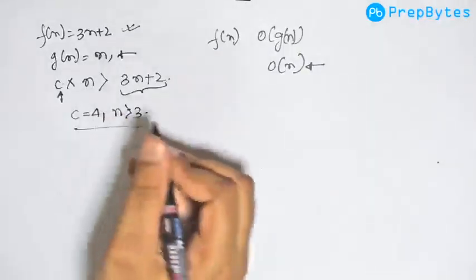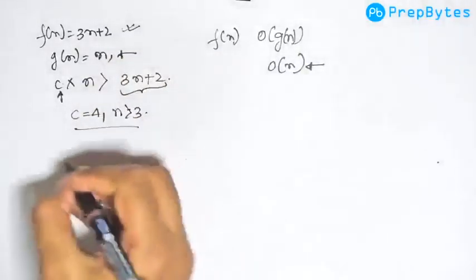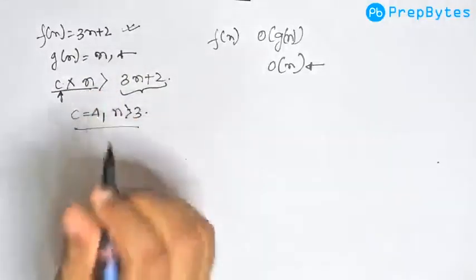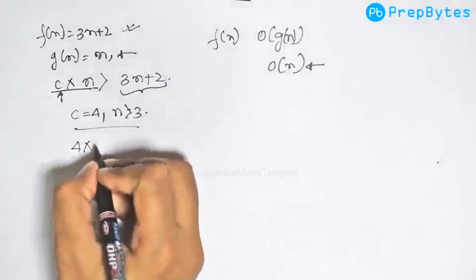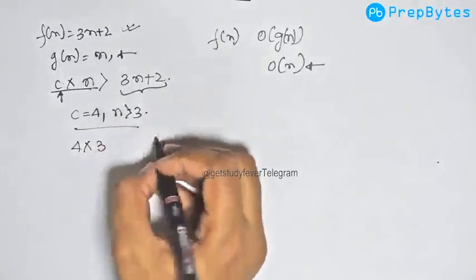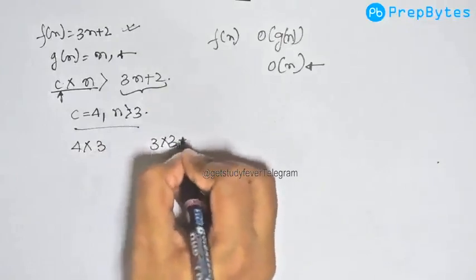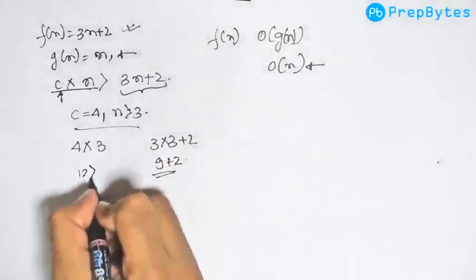When c is equal to 4 and n is greater than 3, c into n will always be greater than 3n plus 2. If you put n is 3, 4 into 3 is 12, and 3n plus 2 is 3 into 3 plus 2, 9 plus 2, 11. So we see that 12 is greater than 11.